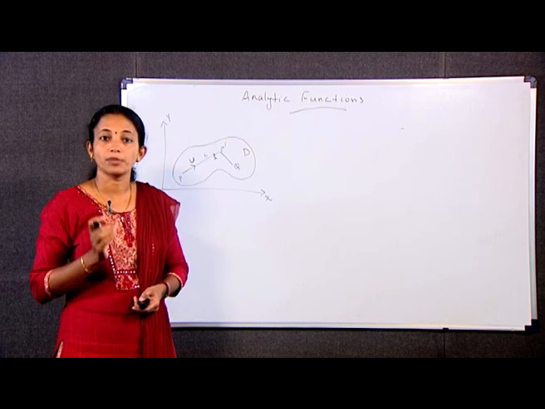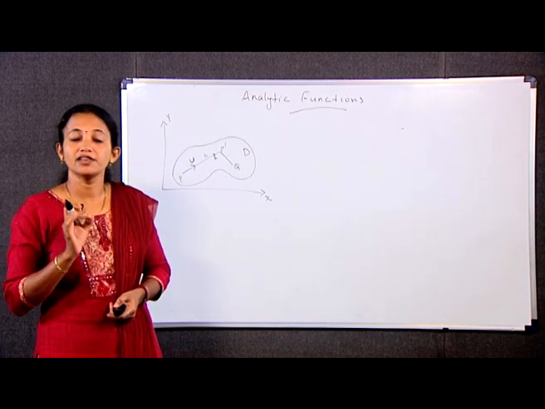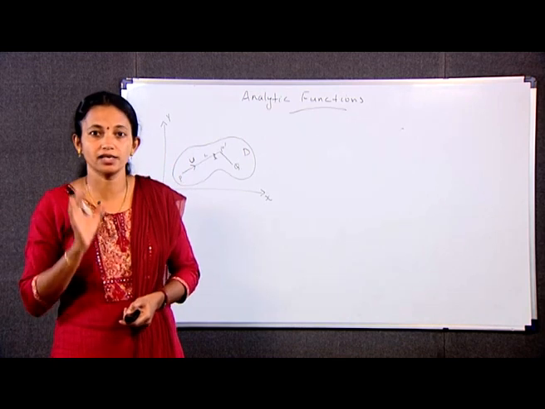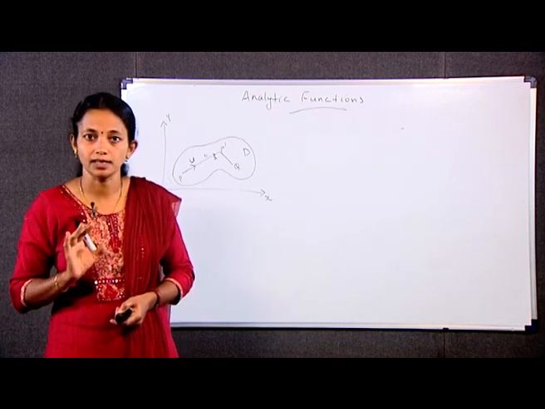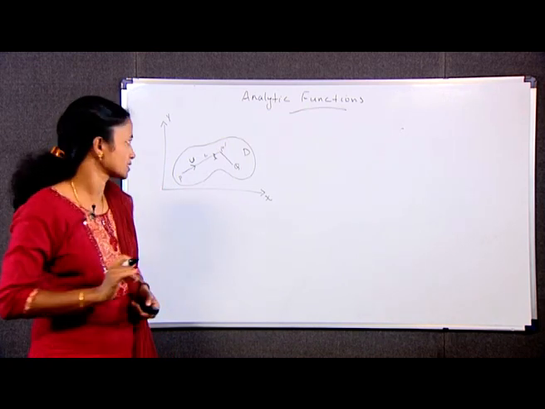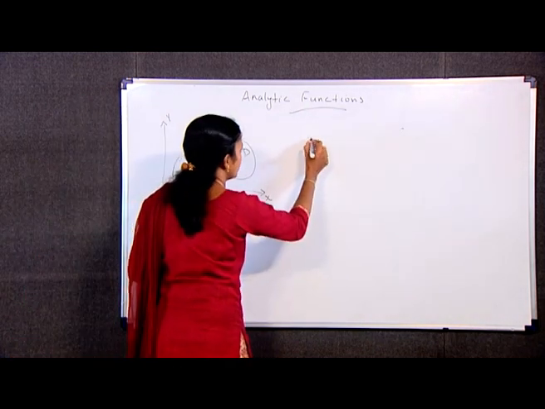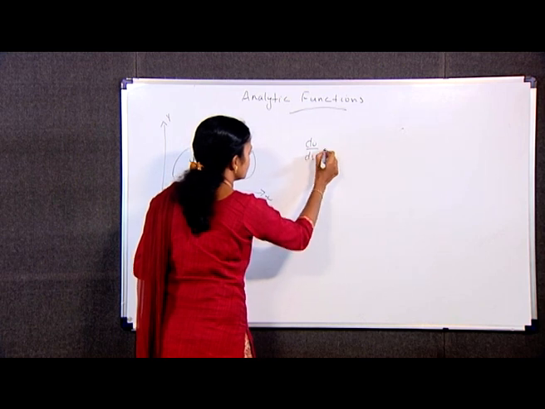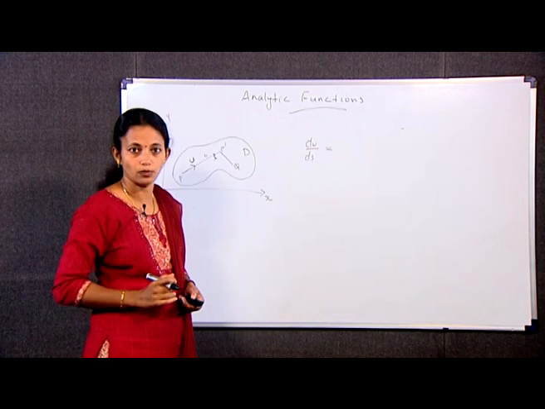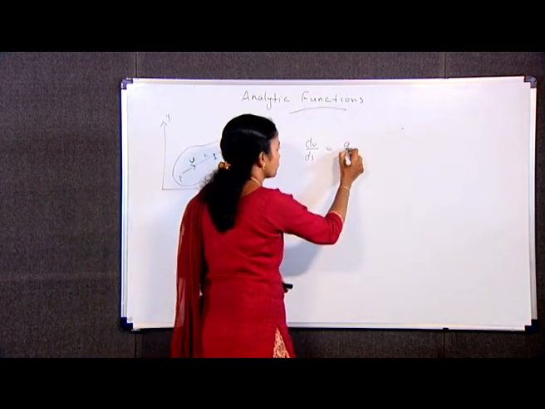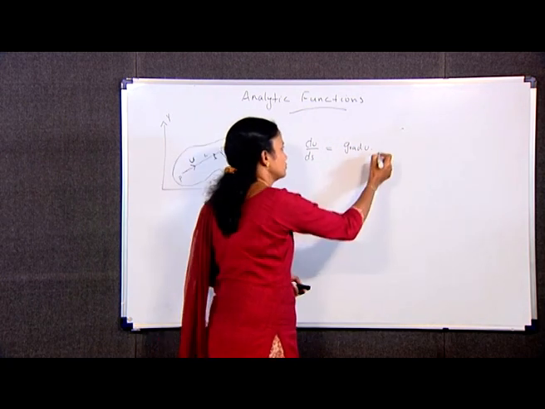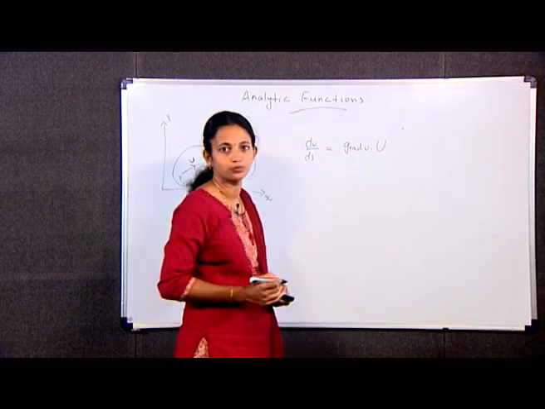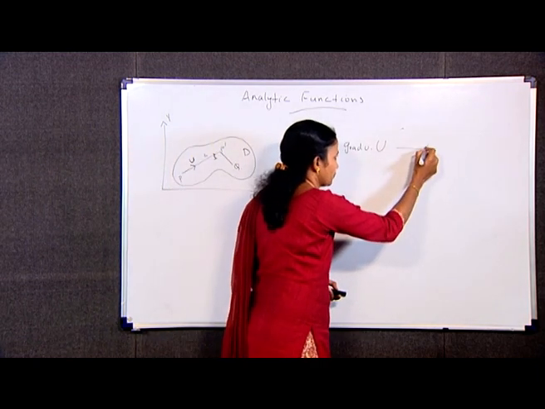We know from calculus that the directional derivative, that is du by ds, can be written as the dot product: du by ds is equal to grad u dot U, where U is our unit vector. Mark it as equation number 5.